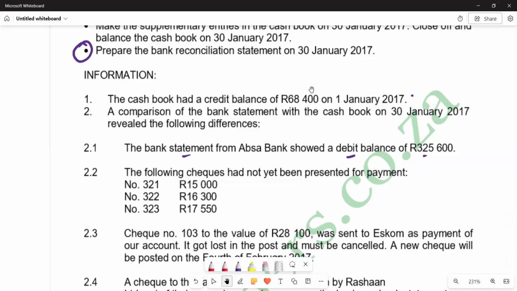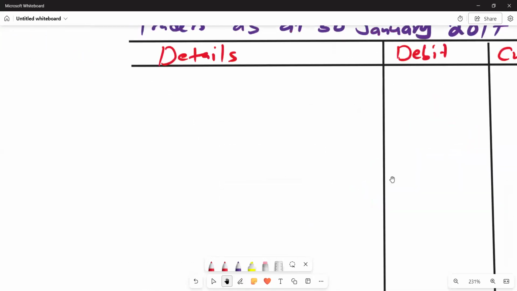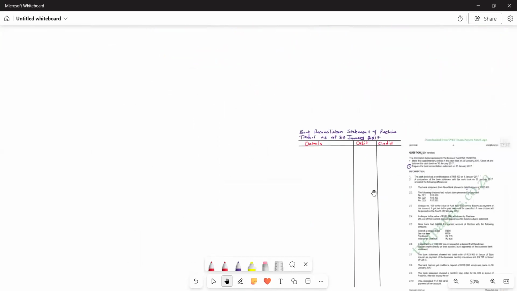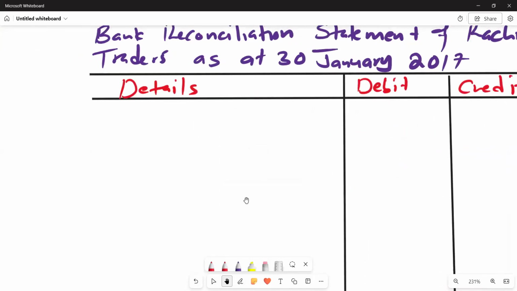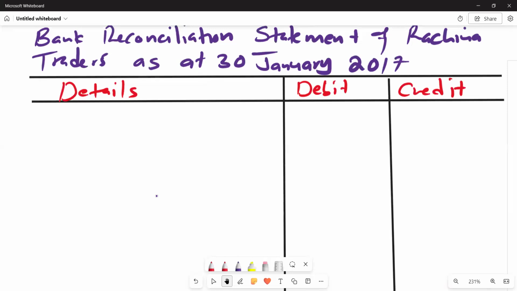So we are going there. We are saying the debit balance, this is going to be your opening balance. Here, the description that you are going to give, we are just going to say debit balance as per bank statement.